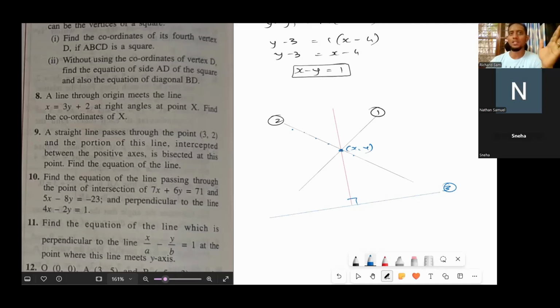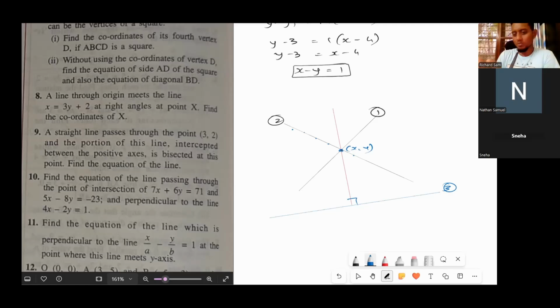If you don't know simultaneous equation, how will you find this point of intersection? You'll have to draw the lines on a graph and find where these two lines are meeting. Manually you'll have to do it. So to save you time, the easier way is to just solve them simultaneously and you'll get that xy.